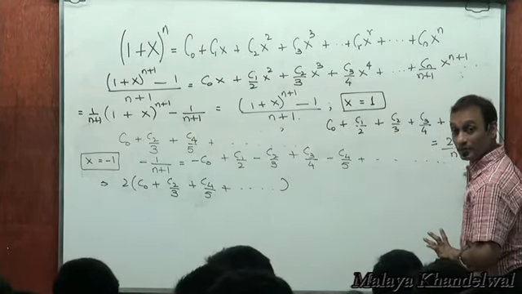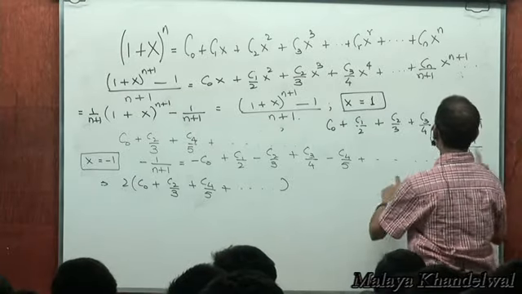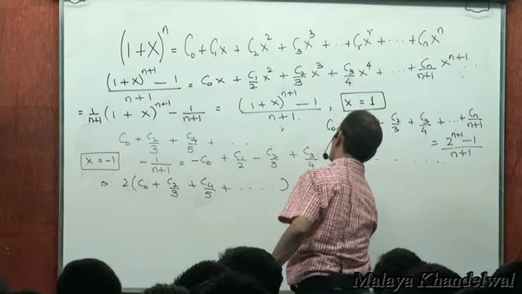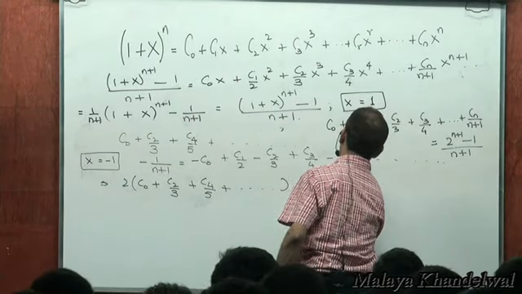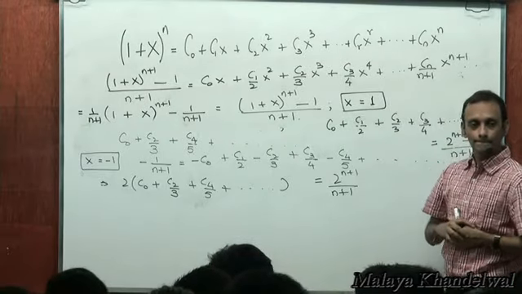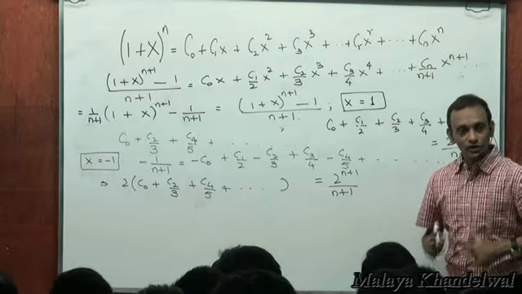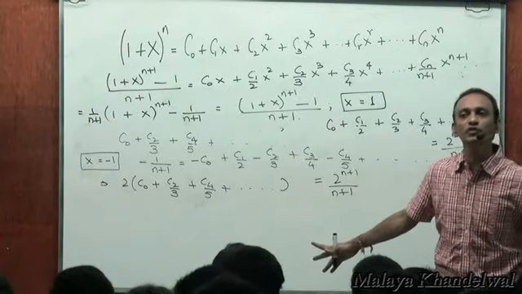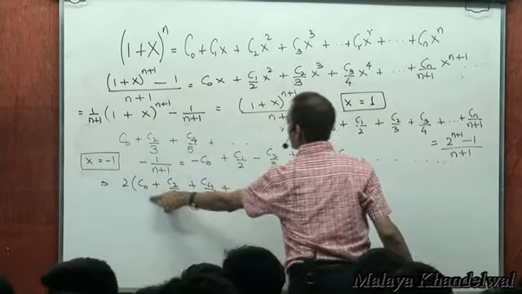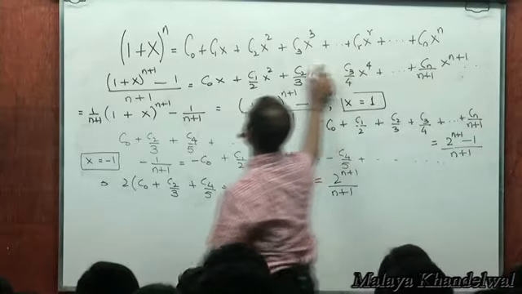That is what you're left with, isn't it? This minus this is 2 to the power n plus 1 by n plus 1. How about this? Am I confusing you, or are you all in sync with me? Sync. Which means c naught plus c2 by 3, etc.